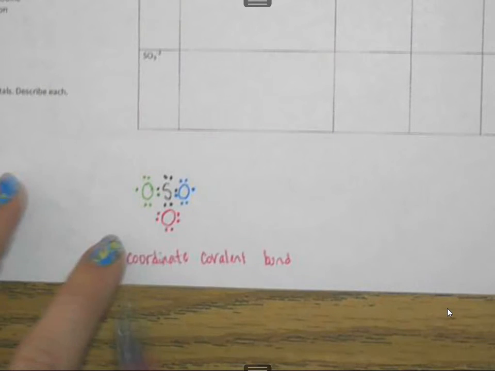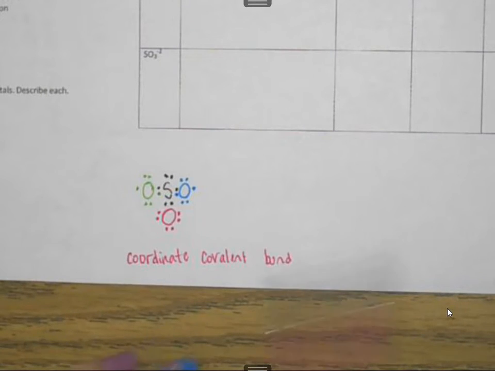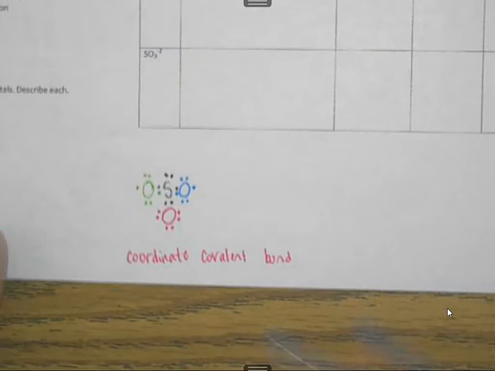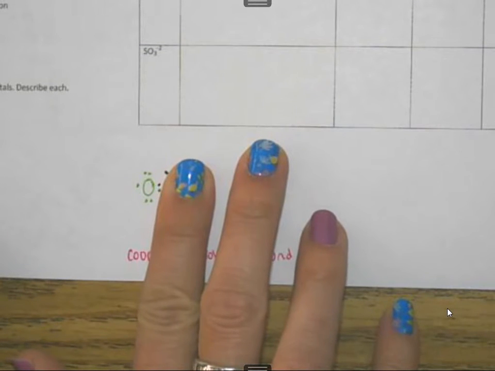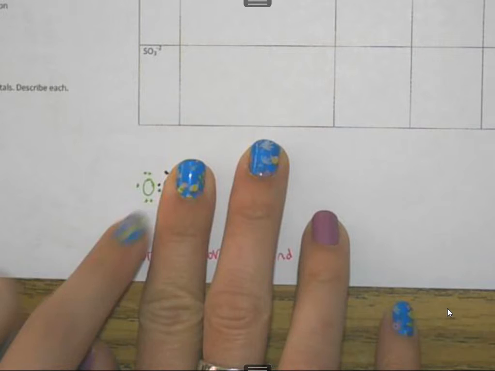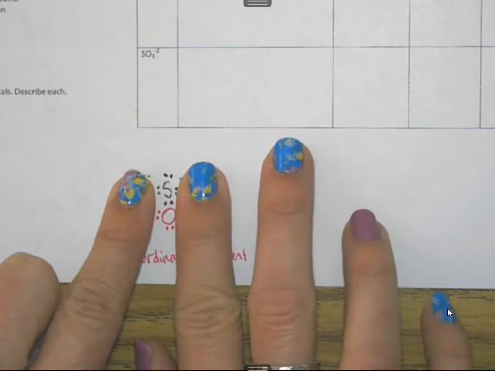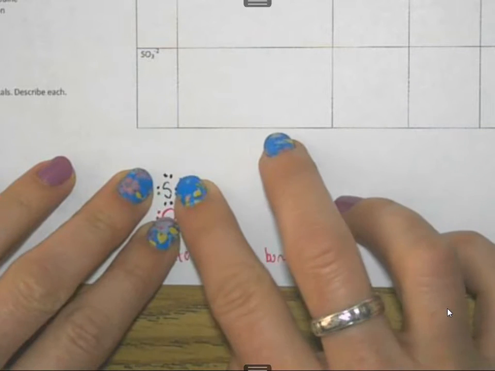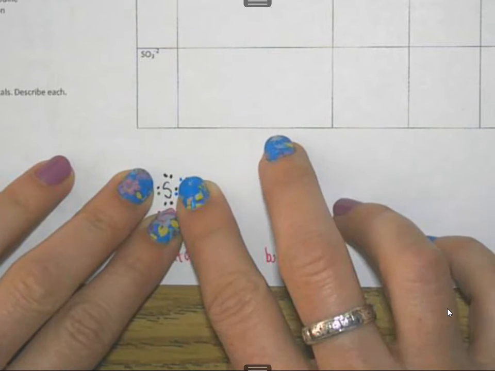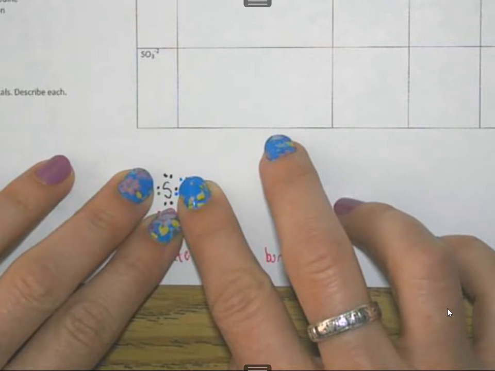Alright, if we're looking at this one right here, we're going to be done in just a minute. If we do a happiness check and we cover things up like I've shown you before, how many dots does this oxygen have? 7. How many more does it need? 1. This sulfur in the middle, how many does it have?